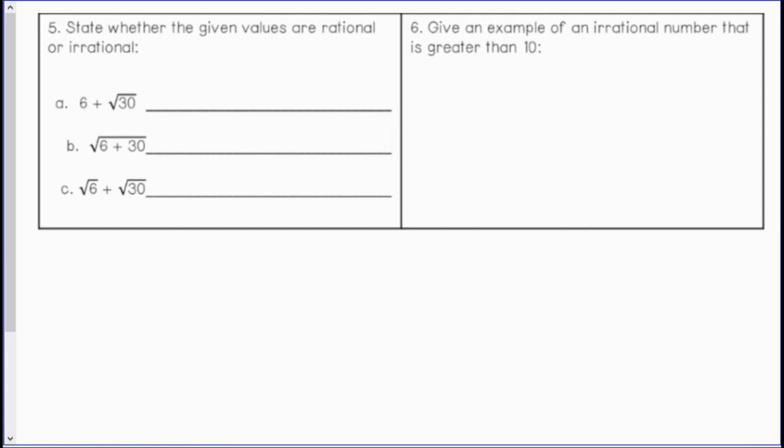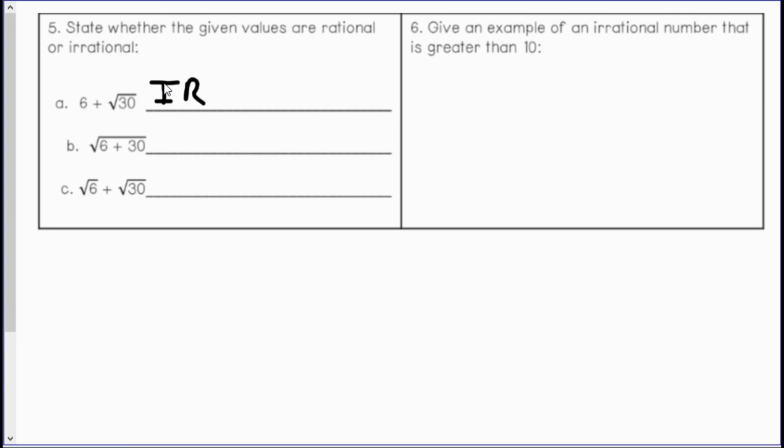Number 5, state whether the given values are rational or irrational. A, 6 plus the square root of 30. The square root of 30 is an irrational number. If I add a rational number to an irrational number, it's still going to be an irrational number. So A is irrational. B, the square root of 6 plus 30 inside my radical.